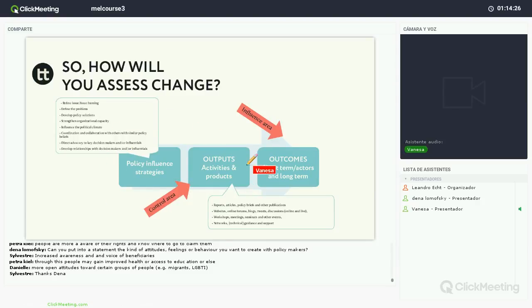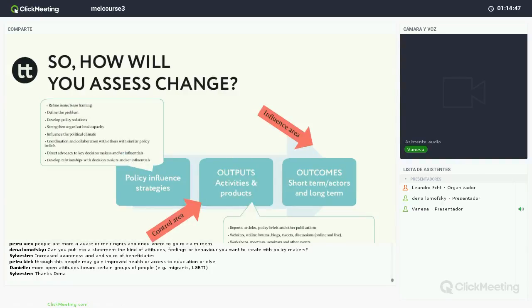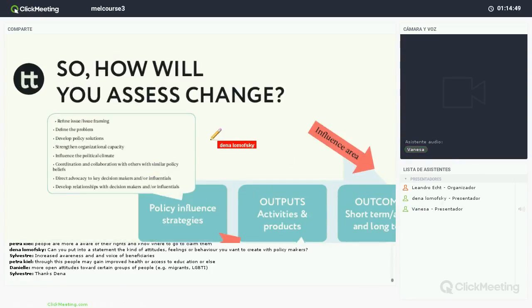Within those broad strategies, you determine which are the activities and products that you will conduct. When I say policy influence strategies, I'm thinking about the broad ways of promoting the use of research in policy, the broad ways to influence policymakers, policy-making processes, and public policies themselves.